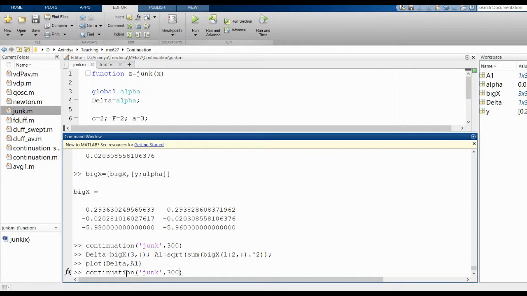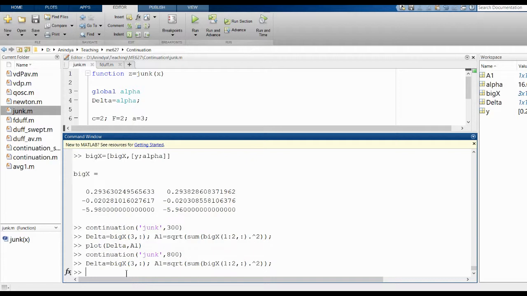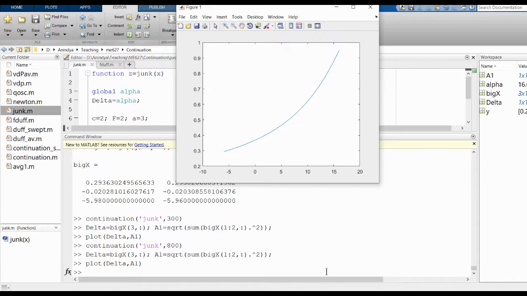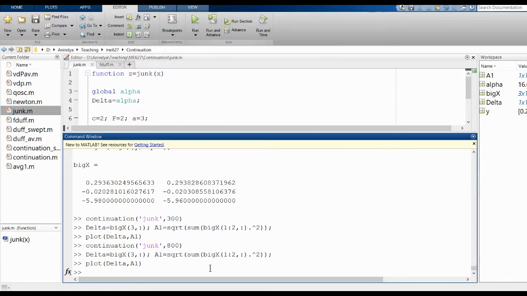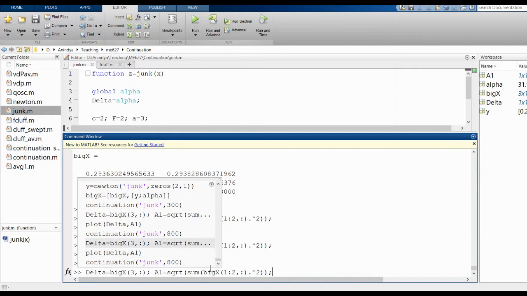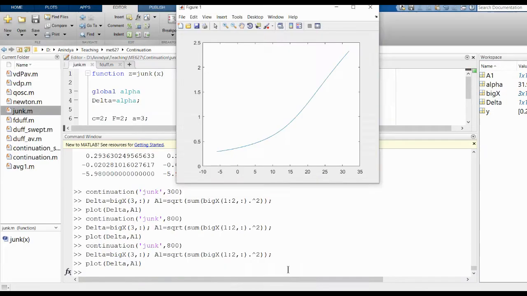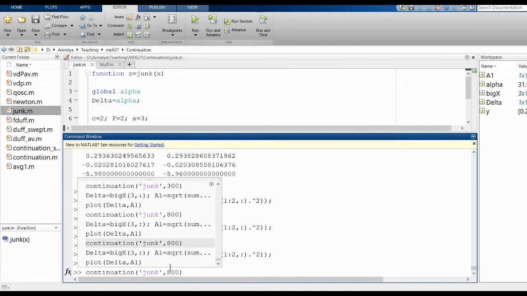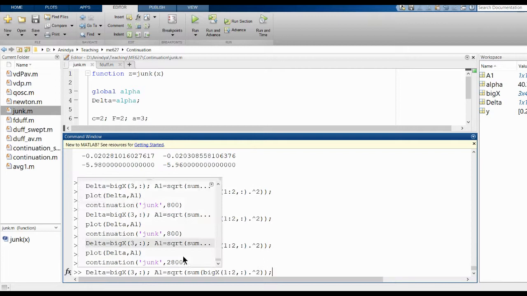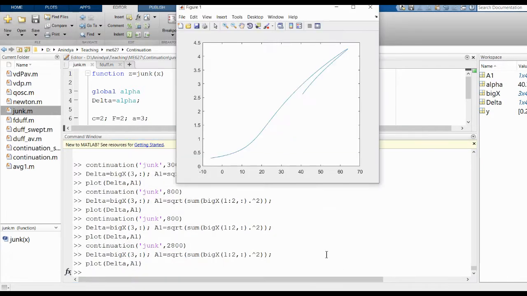This time I will run it for 800. Still going. Still going. There it is, it's turning back.